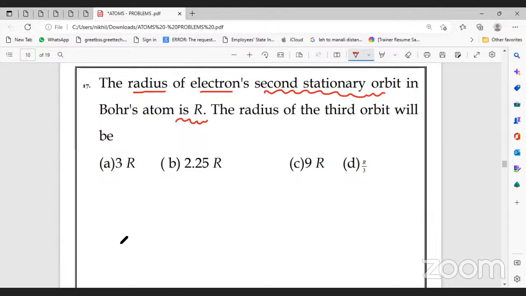So let me write the diagram for you. Let this be the first orbit, n is equal to 1.